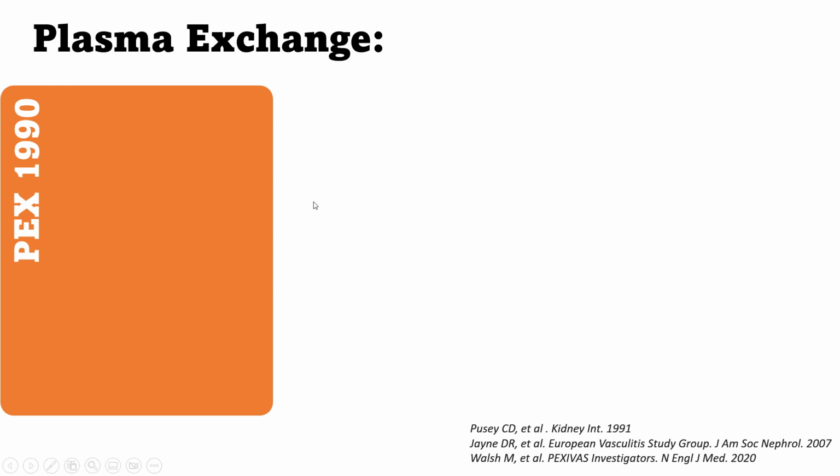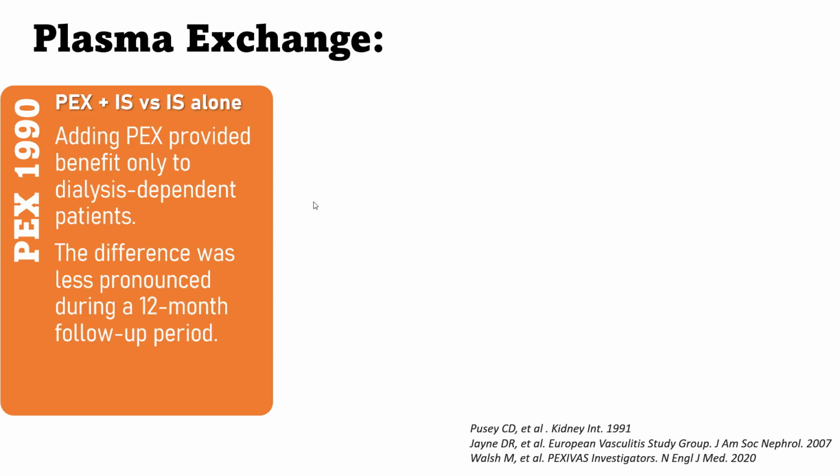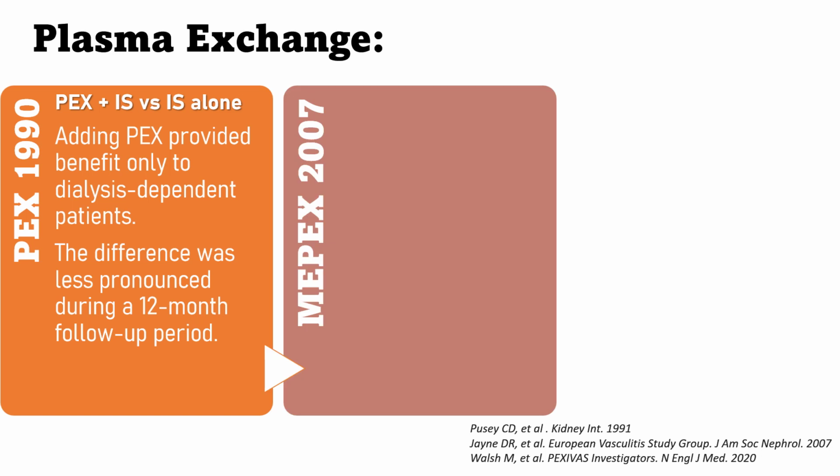So what evidence do we have about plasma exchange? We have the Canadian study in 1990 when they compared plasma exchange plus immunosuppressive drug versus immunosuppressive drug alone. So adding plasma exchange provided benefit only to dialysis-dependent patients, and this difference was less pronounced during the 12 months follow-up period.